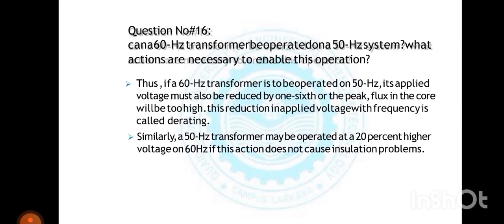This reduction in applied voltage with frequency is called derating. Similarly, a 50 Hz transformer may be operated at a 20% higher voltage on 60 Hz if this action does not cause insulation problems.